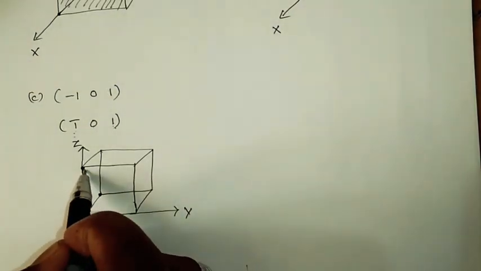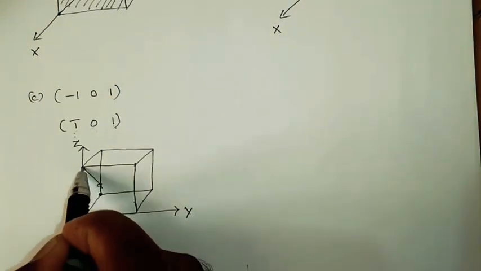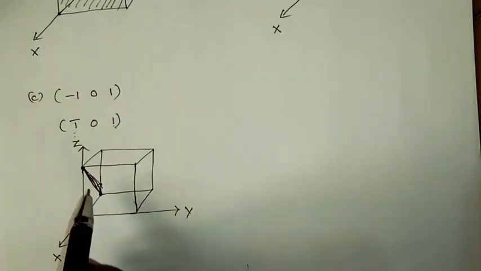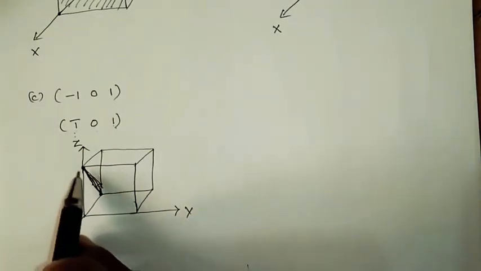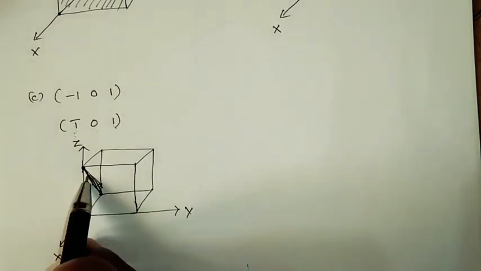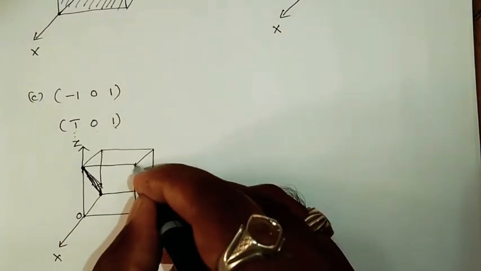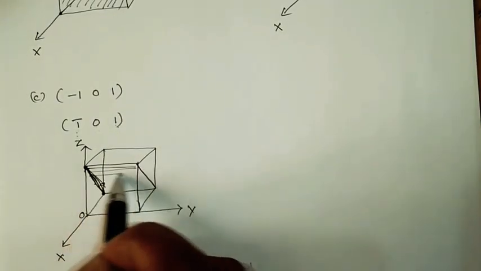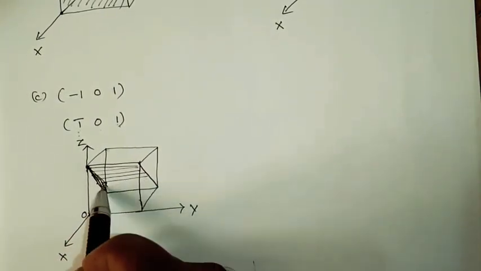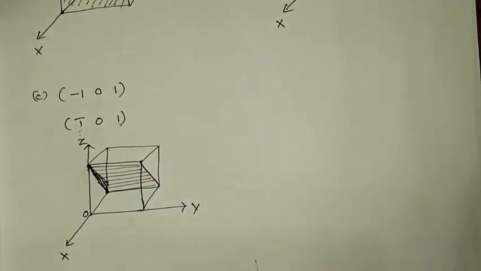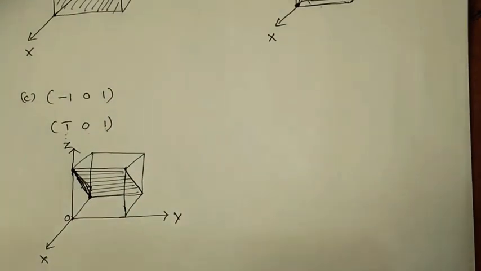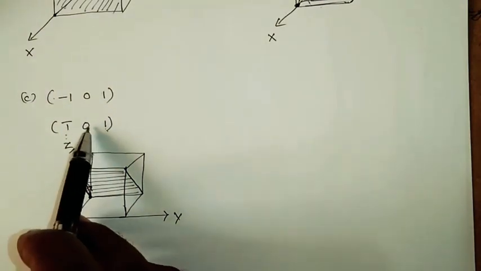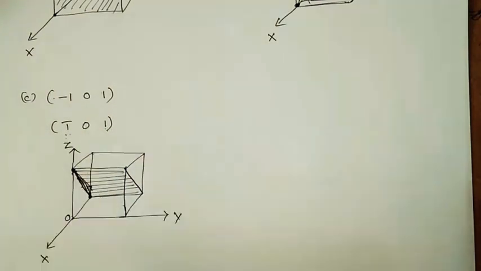So similarly we need to join these 2 points, and we have to draw one more line parallel to this line in the opposite face. So joining these 2 lines, the plane will be this one. So this is the plane having the Miller indices -1, that is 1 bar, 0 and 1.